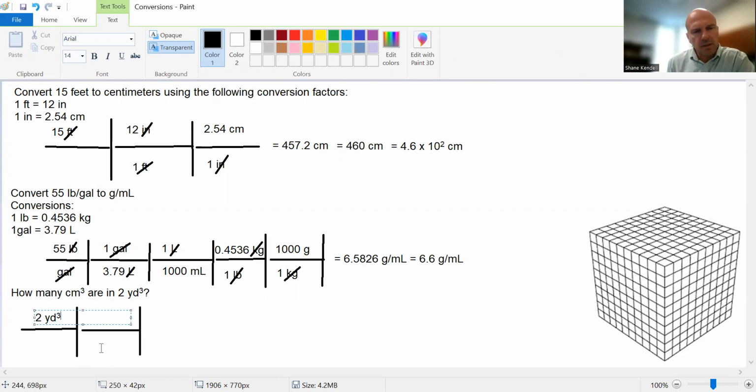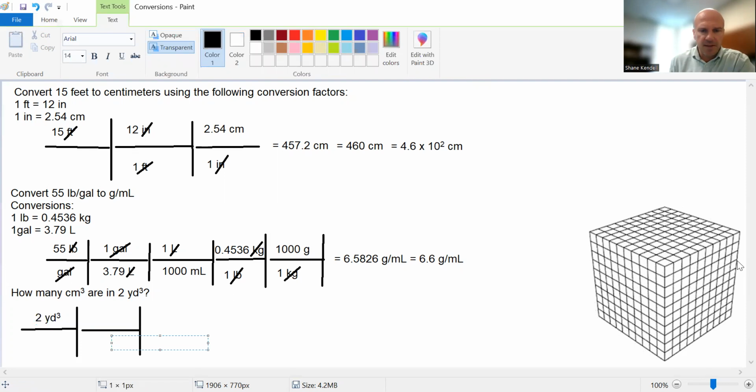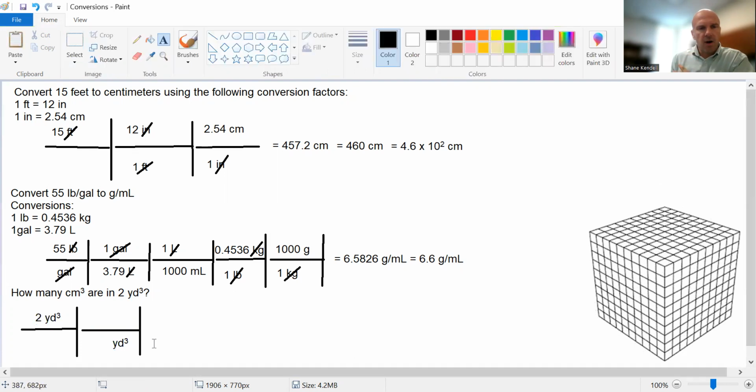So we need to probably convert this first to feet. Again, on the bottom here, I'm going to have the yards cubed. So I know that my first part here must have the cubic yard. Now, I know that there are 3 feet in 1 yard.